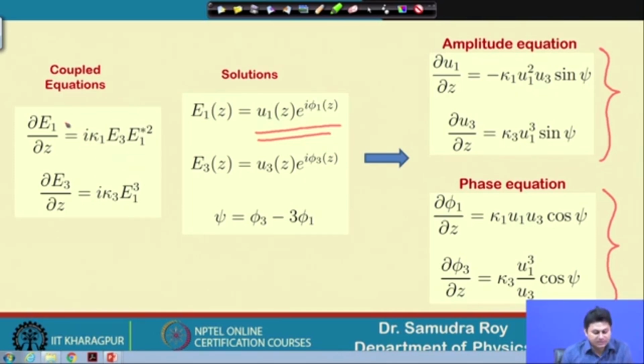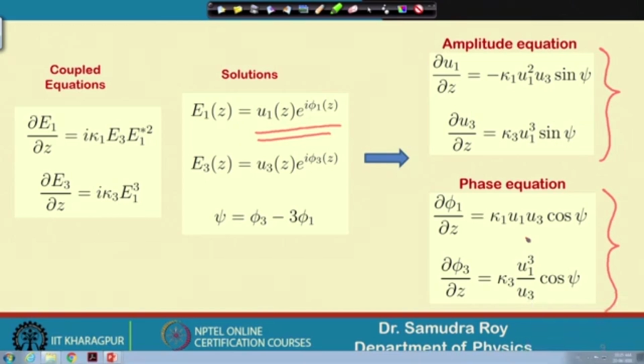If I separate out the real and imaginary parts, then we can separate the amplitude equation and phase equation. This is the treatment that we have already done in the second order effect. I ask the students to please do that by yourself and try to find out whether you are getting this amplitude and phase equation. The expression is already given in this slide.